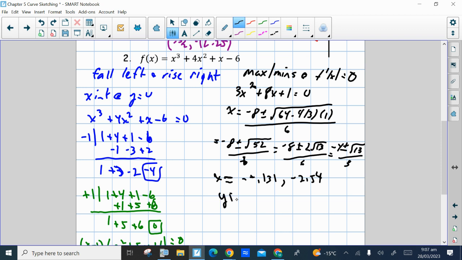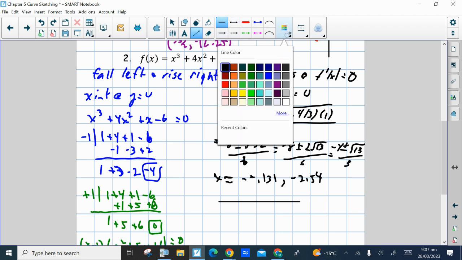Our y-intercept, sorry, we've already done that. So here's where we'll use our number line to see which is a max and which is a min.